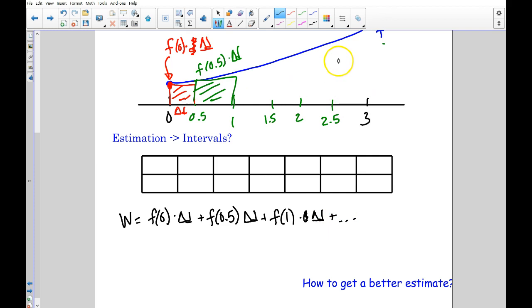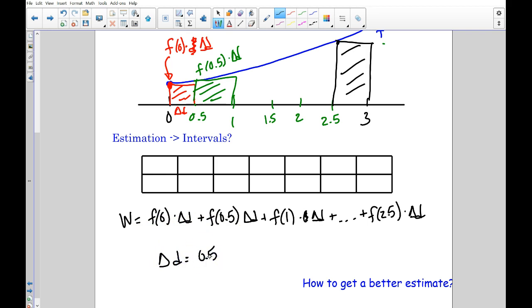And the last rectangle that we're going to get would be evaluating at 2.5, so plus f of 2.5 times delta D. Now delta D here, I split it up into nice intervals. You can split it up however you would like, since there isn't any information in the prompt, but delta D here was 0.5, and that was just by my own picking.